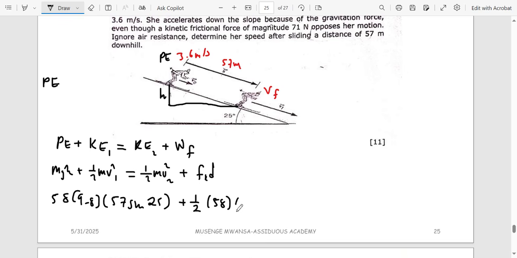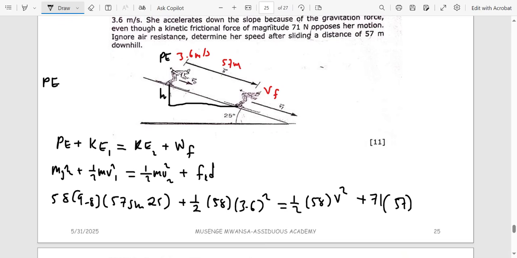The velocity at the beginning is 3.6. And that will be equal to half. The mass again is 58. The velocity at the end we don't know, we square that. Then plus F. This friction, remember we are told that there is a friction of 71. And then multiply by the distance, 57.